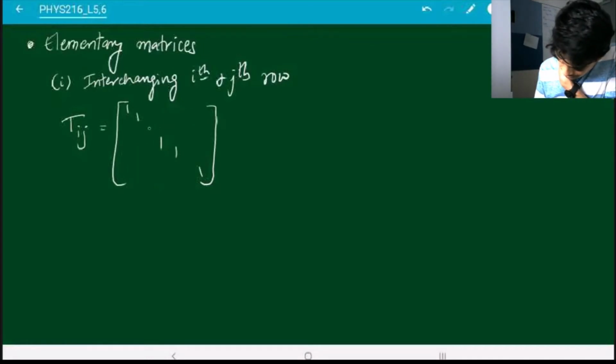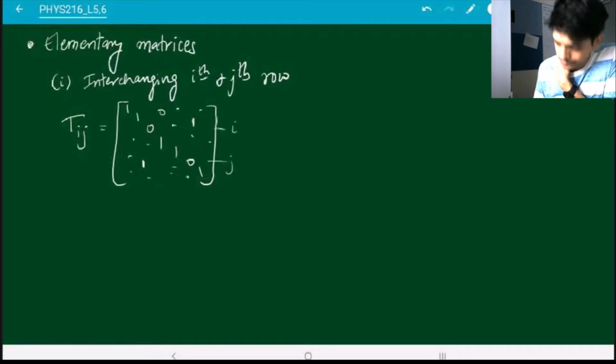So if this is the ith row and this is the jth row, then you will put the ones over here and zeros here, and of course zeros everywhere else. So in the ij and the ji positions you will put ones, and everywhere else you put zeros.